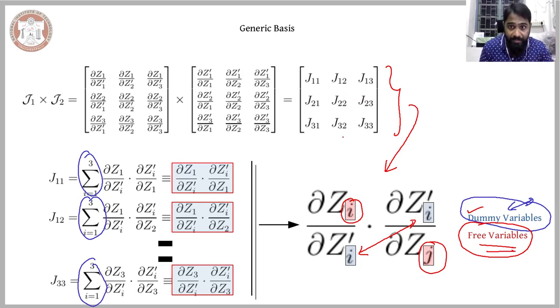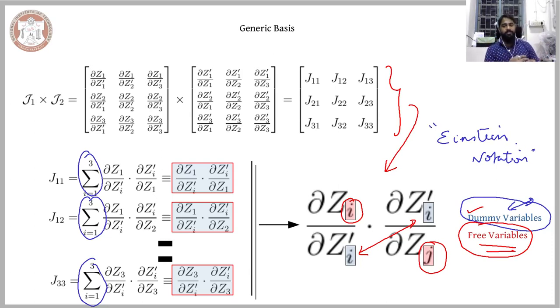So all the 9 terms here, using the combination of dummy and free variables, can be expressed using this single representation here. This way of writing the matrix within the framework of tensor calculation is called Einstein's notation. Yes, the same famous guy whom we have all heard of at one point or the other.